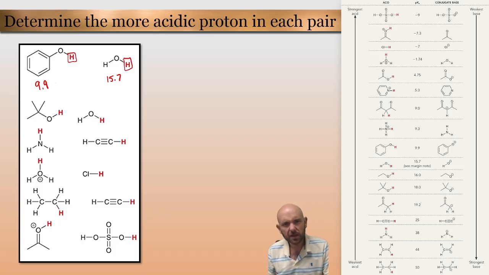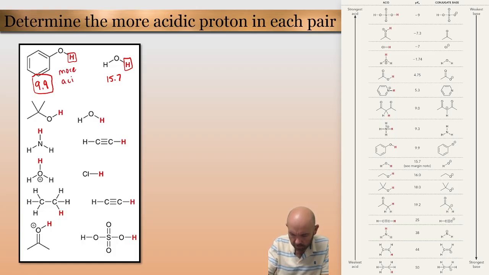That's like asking which is less happy in this situation. We said that pKa is a ranking of how happy a hydrogen is in his situation. This hydrogen is less happy in his situation, so he is more apt to take off and leave, and that makes this one the more acidic proton.